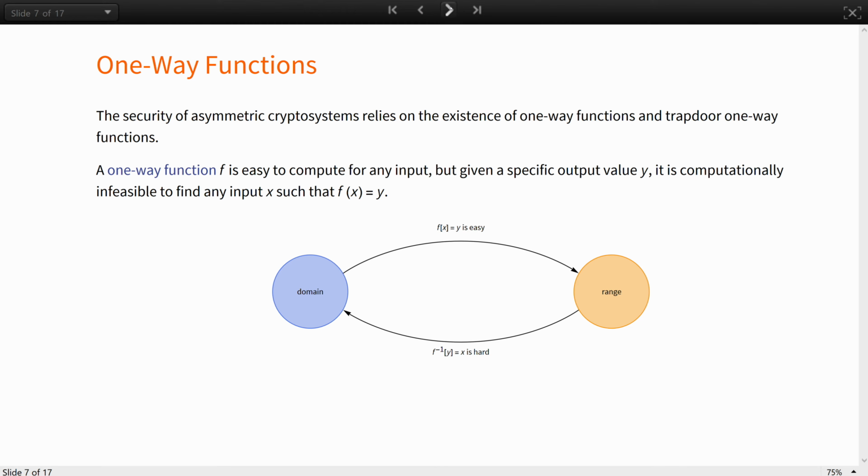The security of asymmetric cryptosystems relies on the existence of one-way functions and trapdoor one-way functions. A one-way function f is easy to compute for any input, but given a specific output value y, it is computationally infeasible to find such input x so that f of x equals y, that is, to invert f.